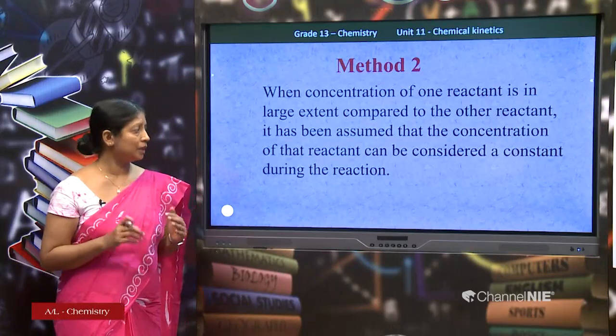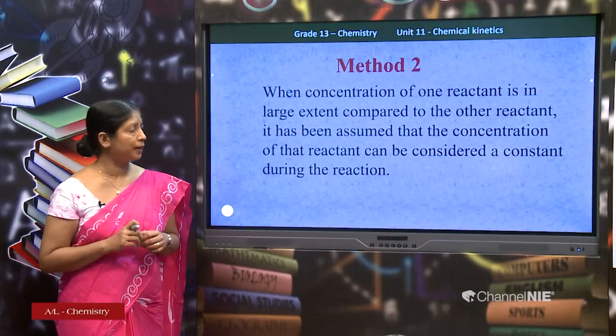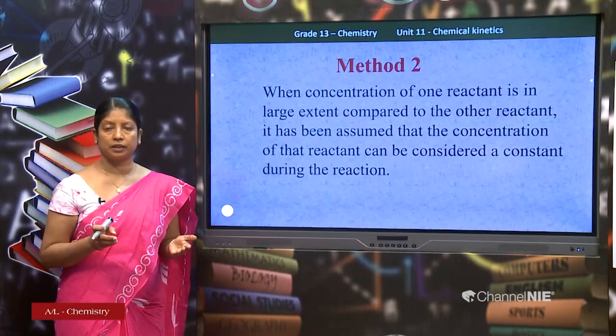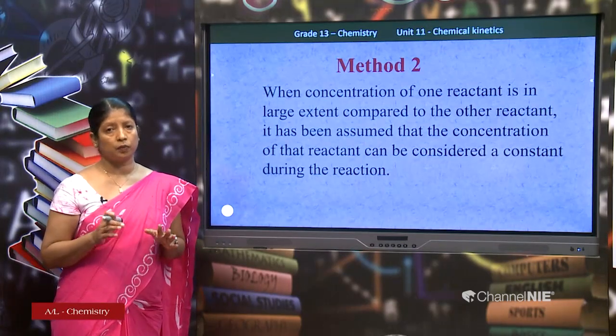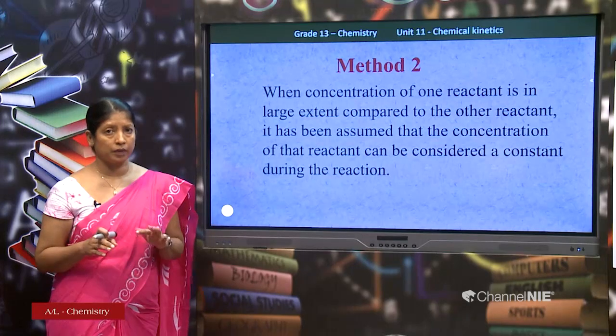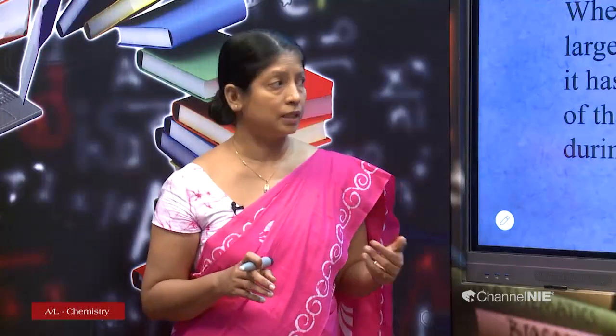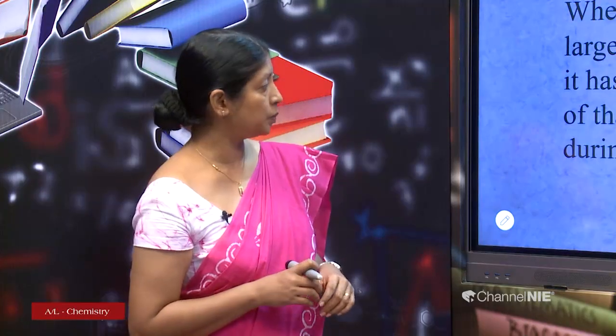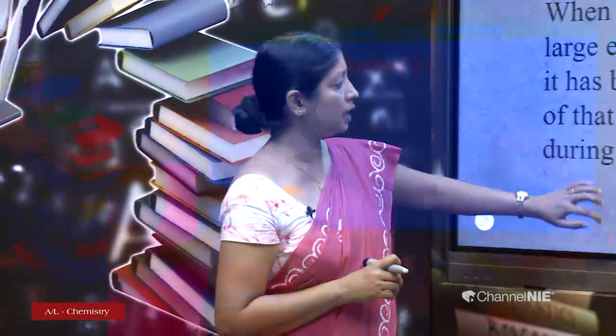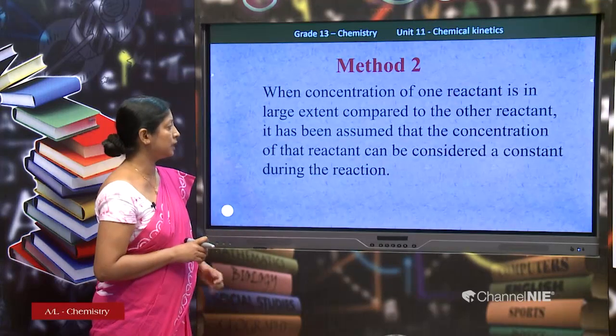Then only the method is more suitable to apply. When you have two reactants, keep the concentration of one reactant at a very low value, whereas the concentration of the other one at 1000 times greater than the one which has a smaller value. In such case, let us see how we do the calculation.